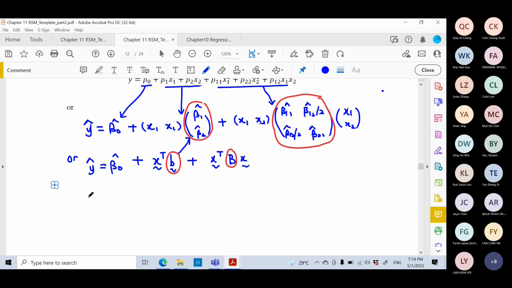I will explain: the vector b is equal to this thing, for beta 1 hat and beta 2 hat, and the capital B is equal to this thing.